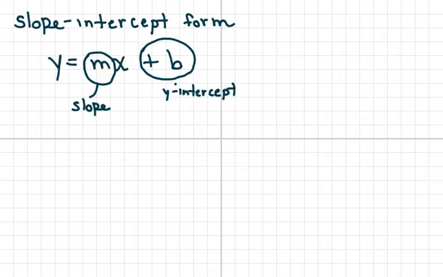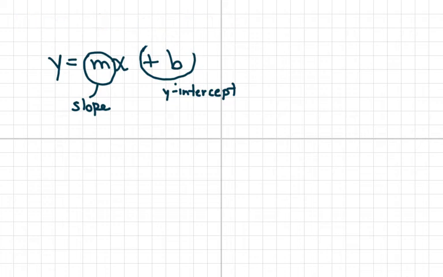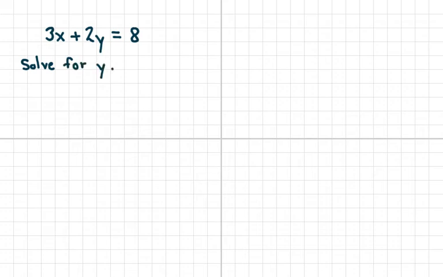So how about you take the equation 3x plus 2y is equal to 8. And first thing, get the y by itself. Okay. Solve for y.